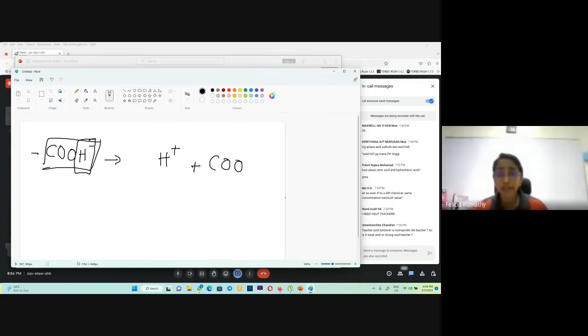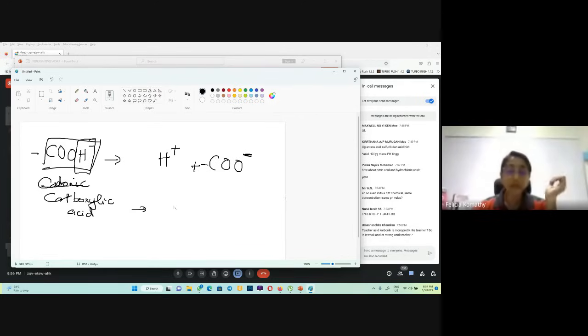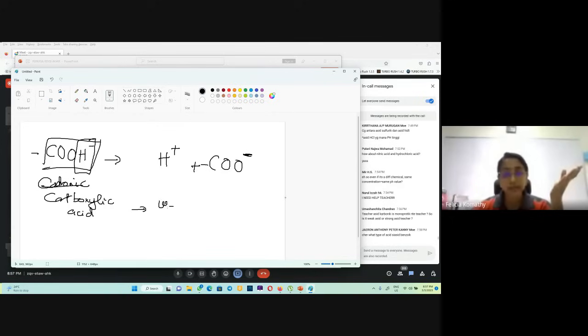The rest of it will be negative ions. So some of the hydrogen still remains there. It's not completely ionized. So remember, all carboxylic acid is a weak acid.